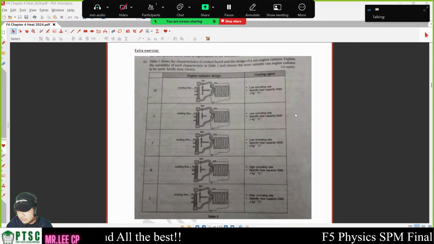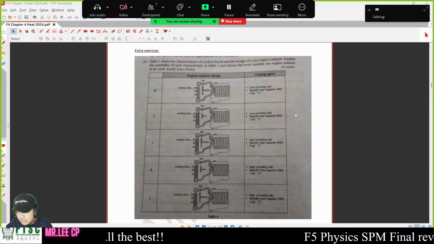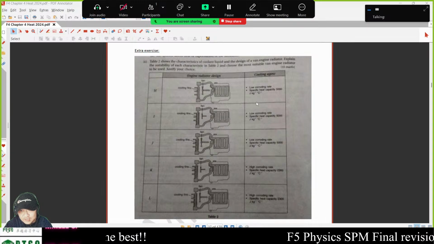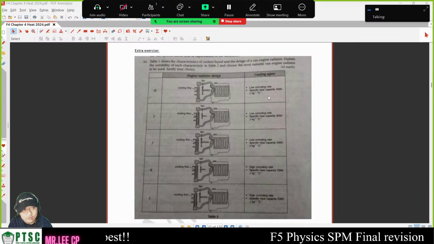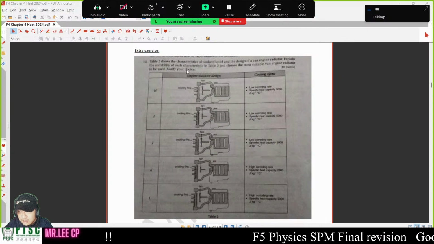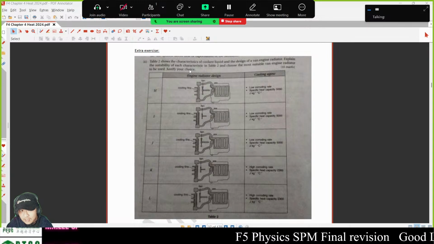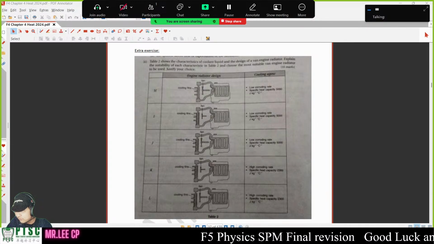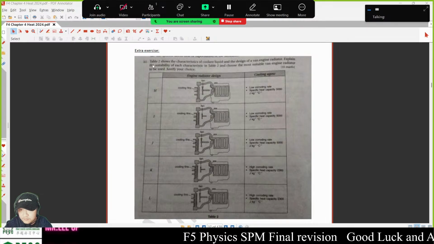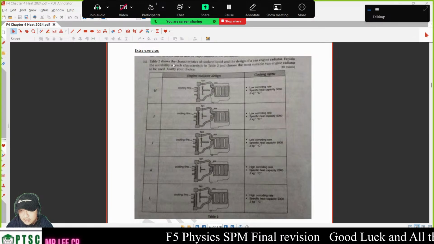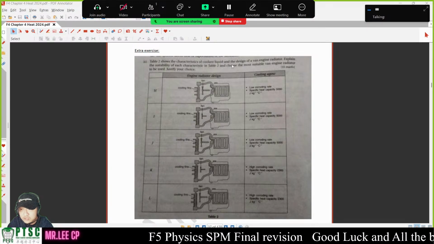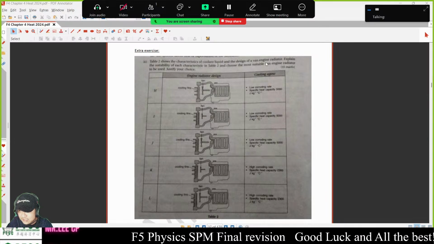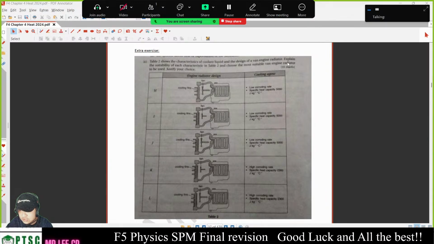Now, as I promised you, I give you about 10 minutes to try to do this, and then I'll give you the answer later. Right? I really hope that you can write in less than 10 minutes. So now it is at question 6. I read the question and then you answer. Table 2 shows the characteristics of coolant liquid and the design of the vane radiator, the engine radiator.